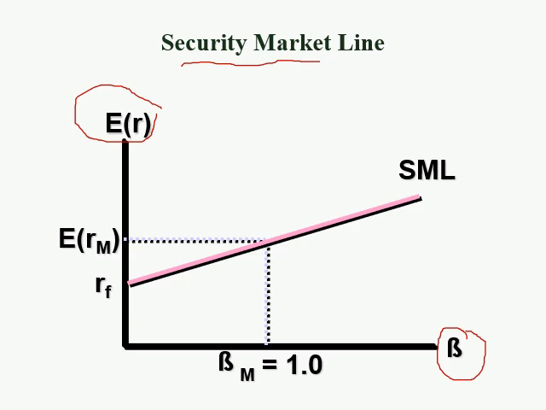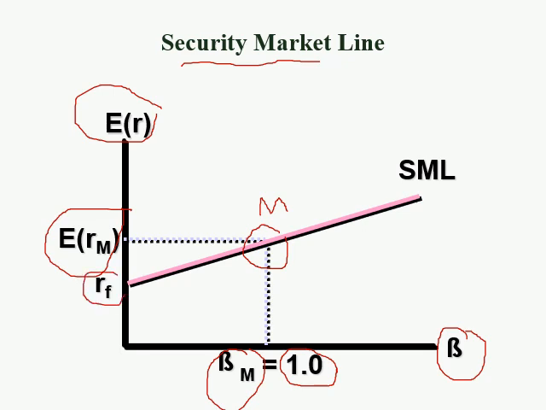So here is the security market line, and here is the market, or optimal market portfolio, M. At this point, the beta of M, as we said before, will be equal to 1. And ERM is the expected return of the market.